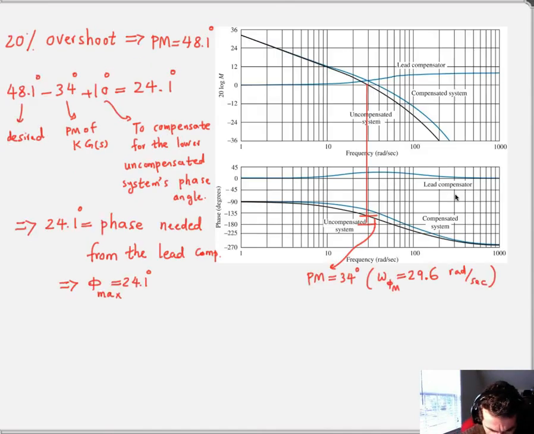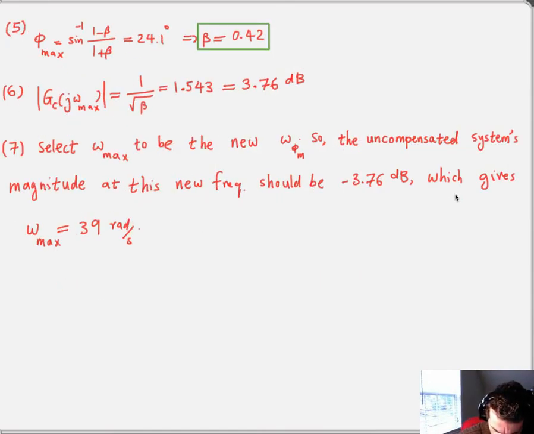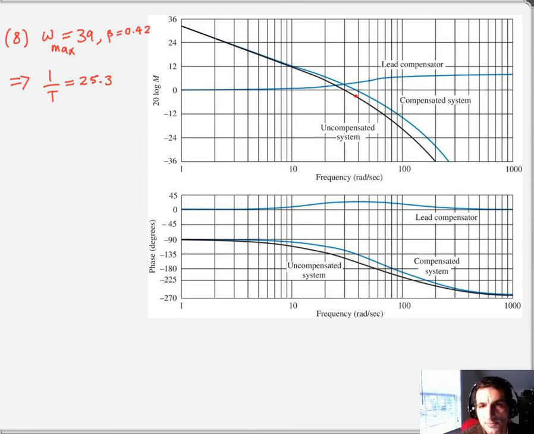And if you go back here, I think that's something that is also shown. All right, so that's going to be negative 3.76, and the frequency at this point is going to be like 10, 20, 30, close to 40. Turns out that's 39 radian per second.